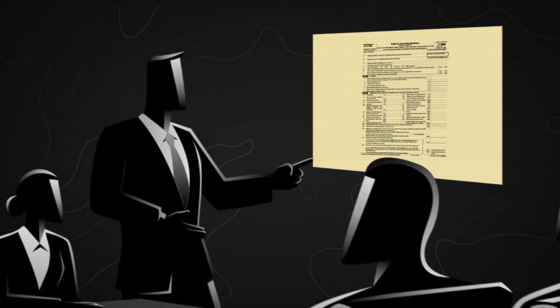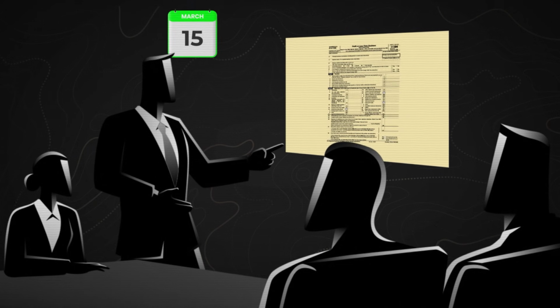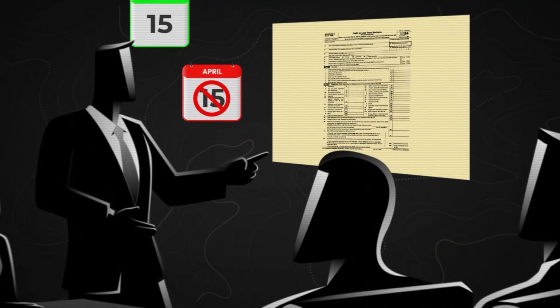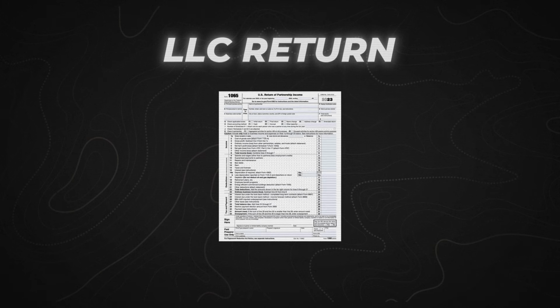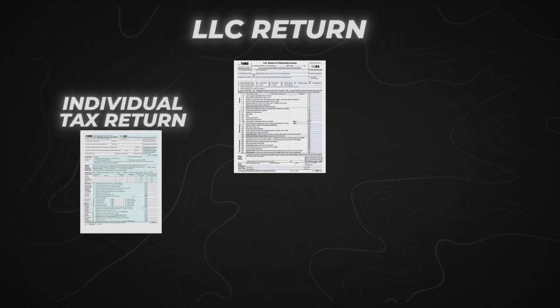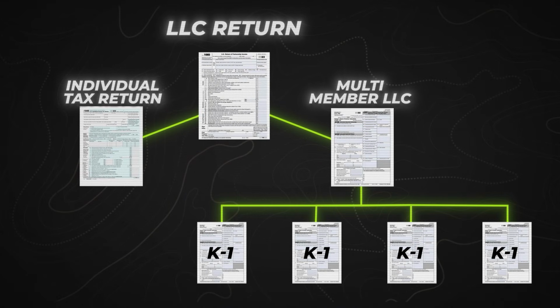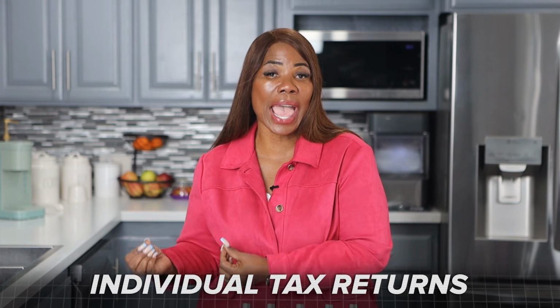It's important to note that if you are a multi-member LLC, your tax return is due March 15th, not April 15th, a whole month ahead of the individual filing requirement. Therefore, your LLC return needs to be done first so that individuals who are members of a multi-member LLC can have their K-1 forms to prepare their individual tax forms.